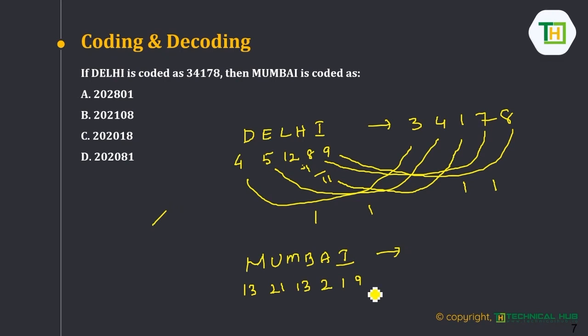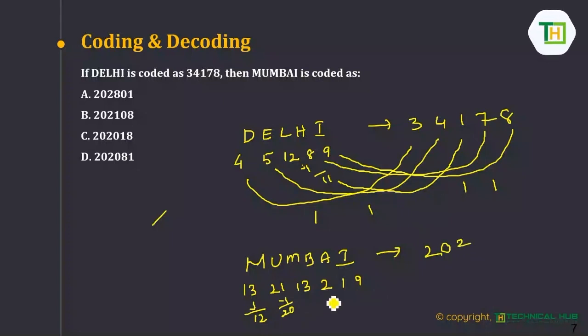So double digit 13, subtract 1, result is 12. The unit digit is 2 in this case. And here U is 21, also a double digit. So 21 minus 1 means 20. The unit digit is 0. So 13, here also the unit digit is 2.